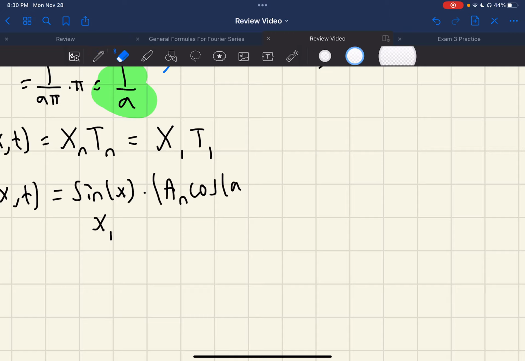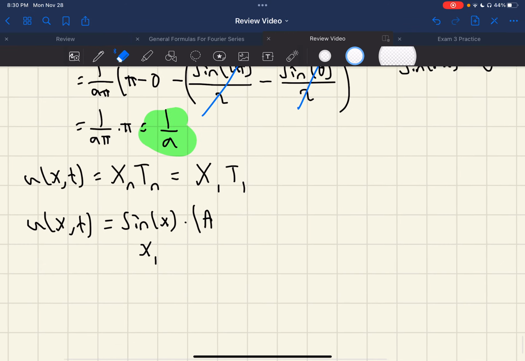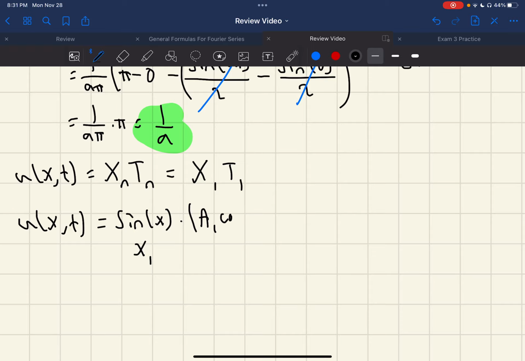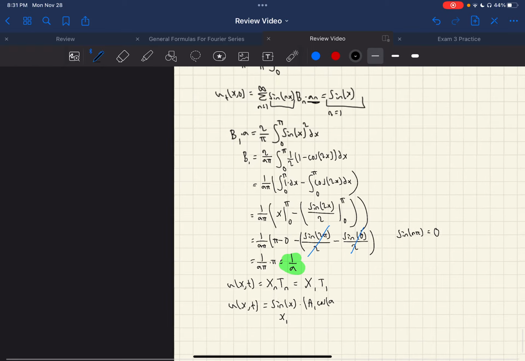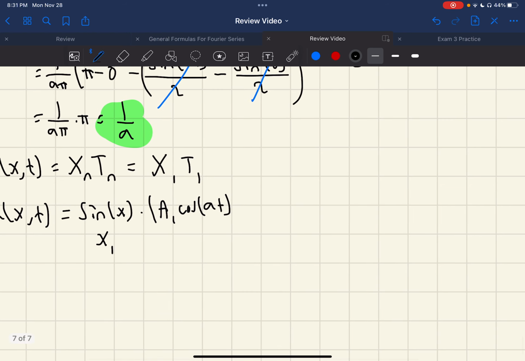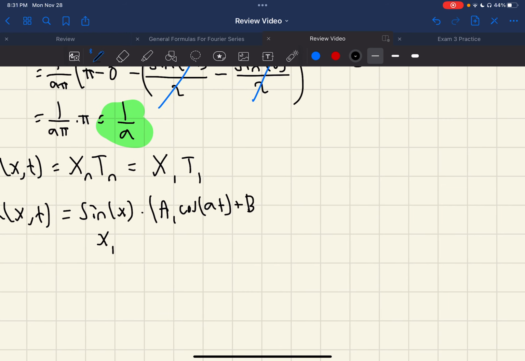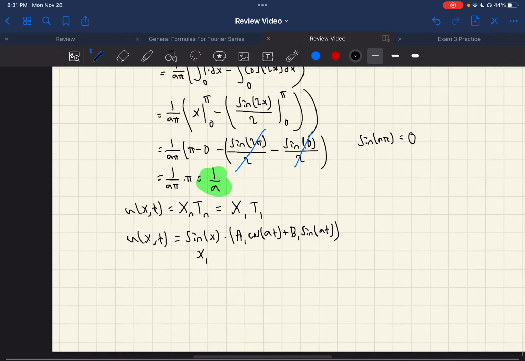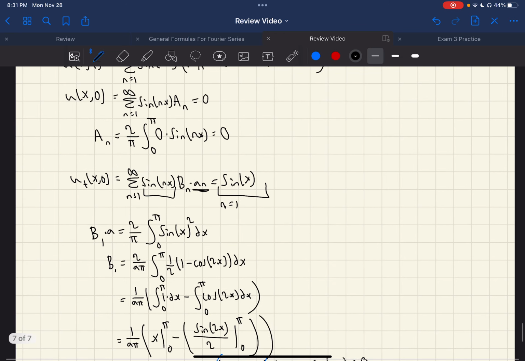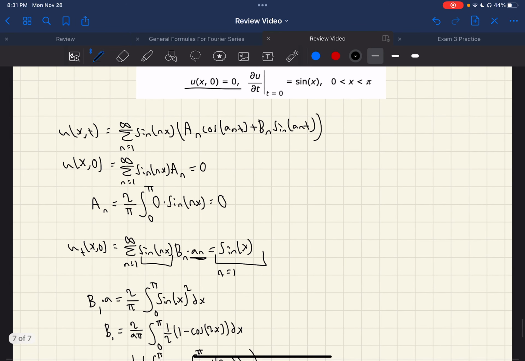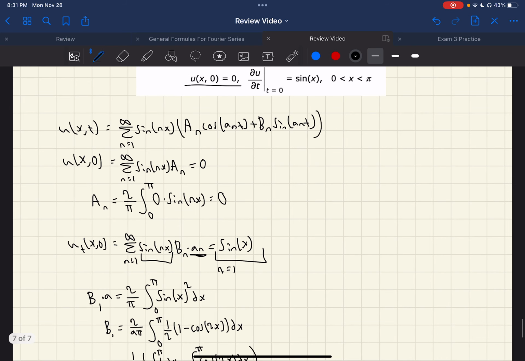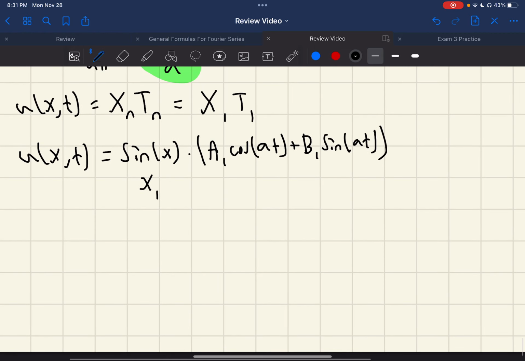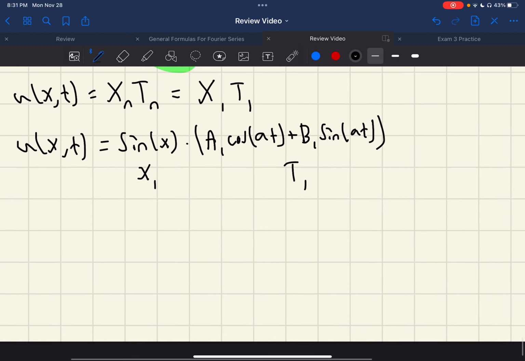So we plugged in a1 cosine, normally it'd be a n t, but we know that n is 1, plus bn, or b1, sine of a t. Now, we actually never found a1, but we did find an, and our an was 0, so if an is 0, regardless of what value of n you have, that coefficient is always 0. So, I was right, this is t1.